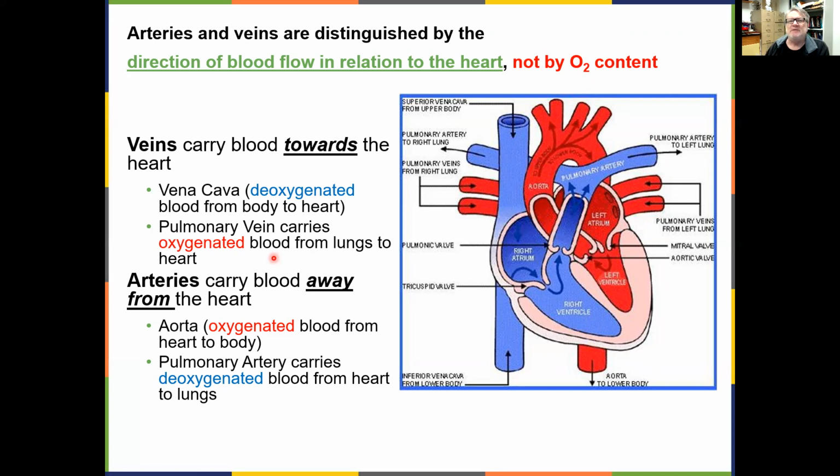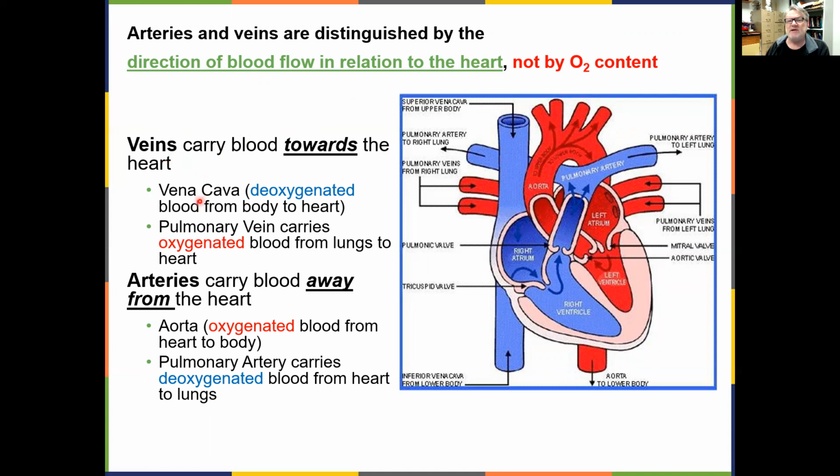The difference between an artery and a vein is only defined by the direction of the blood flow from the heart. It has nothing to do with the amount of oxygen that's in the blood. By definition, a vein will always carry blood towards the heart.